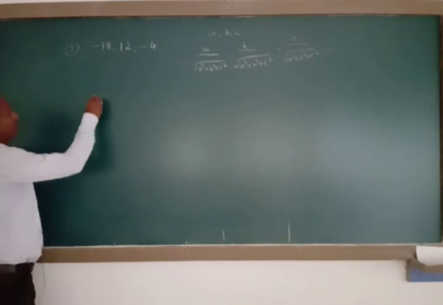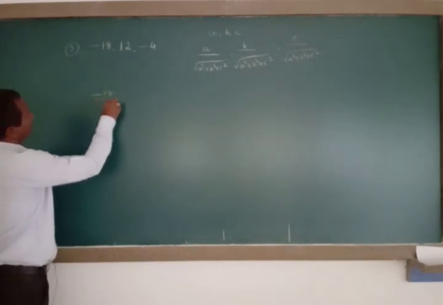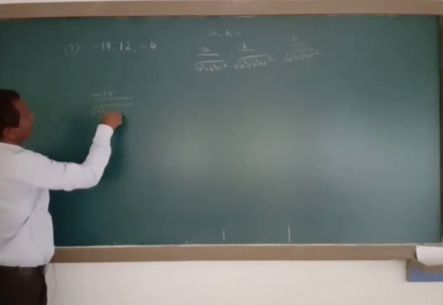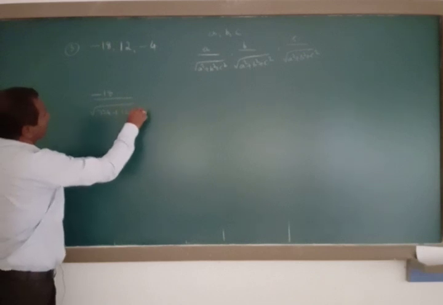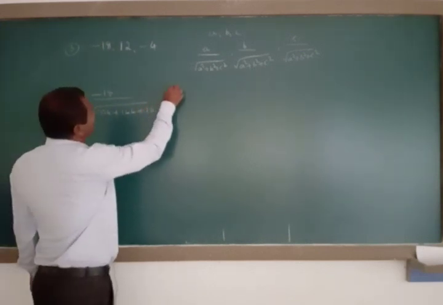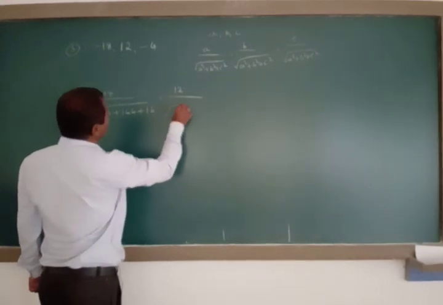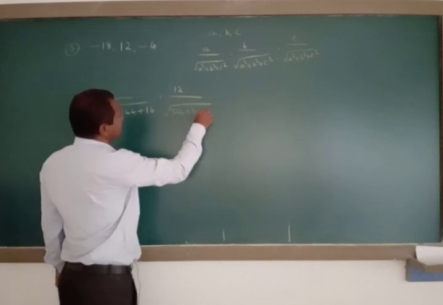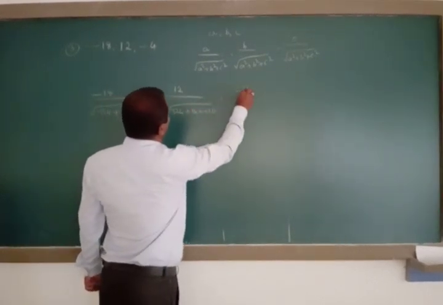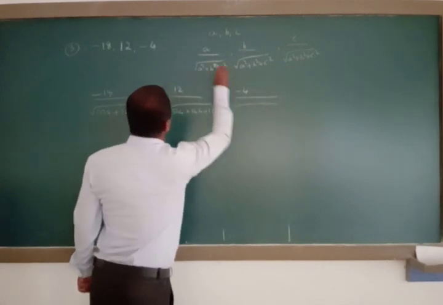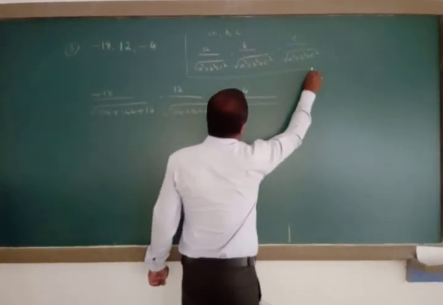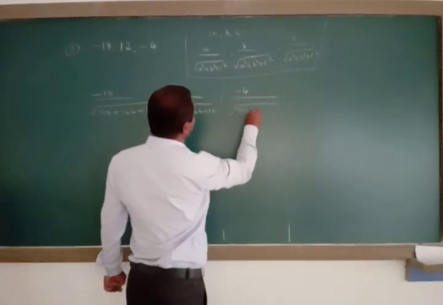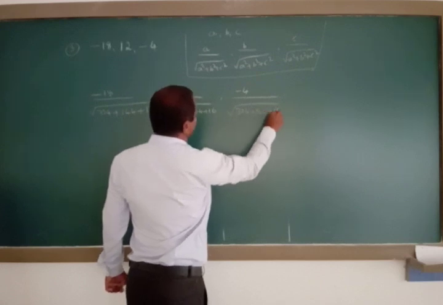Minus 18 square means 324, 12 square means 144, minus 4 square means 16. So we get minus 18, 12, minus 4 each divided by square root of 324 plus 144 plus 16.